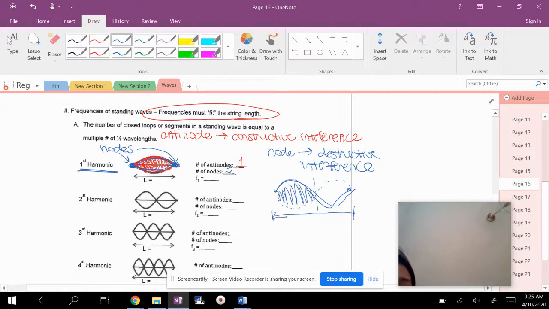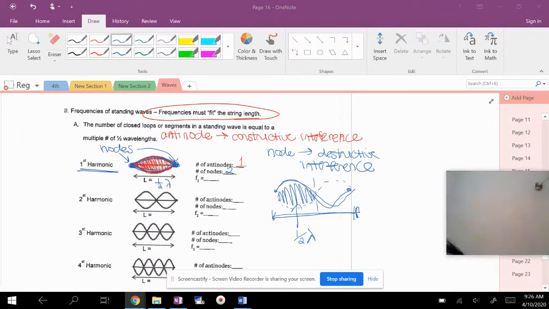So if from this point to this point is one wavelength, this is half a wavelength. So we're going to say the length of this string in the first harmonic is half a wavelength. We're going to go through all these harmonics and you'll see a pattern without a problem, I think.